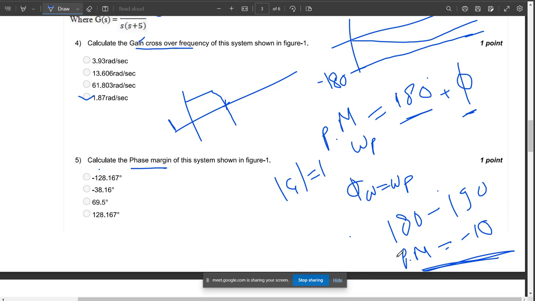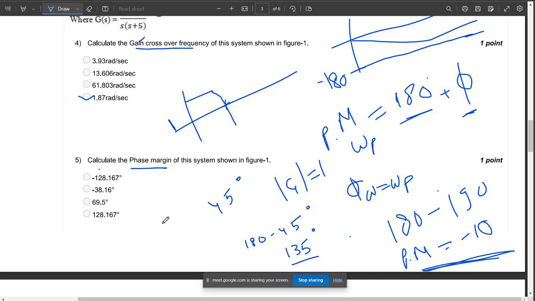But let's say that the phase of the system is minus 45 degrees. That means the phase margin will be 180 minus 45, which is equal to 135. So the phase margin is good, that means the system is stable.